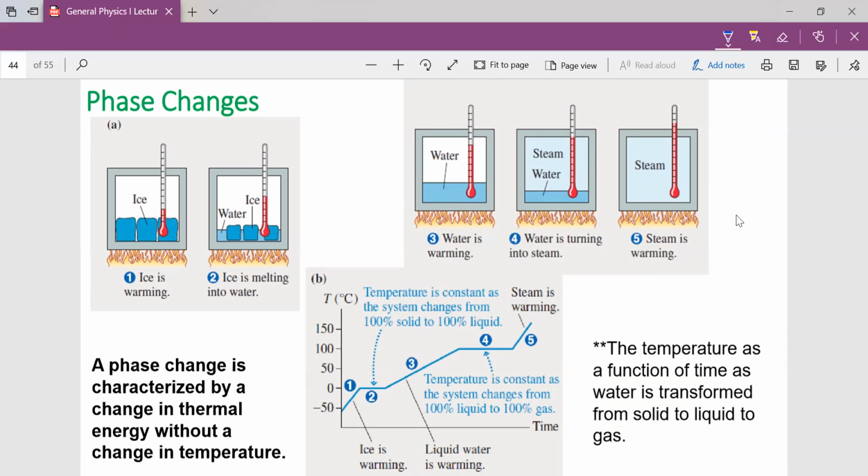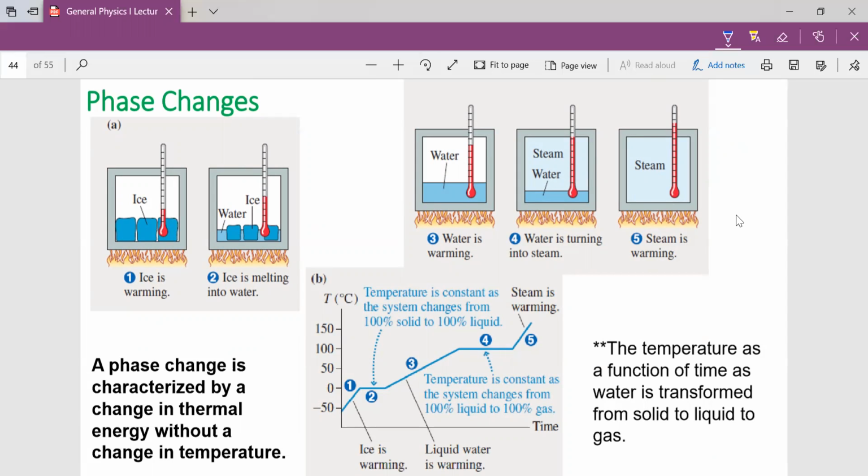The phase change talks about the change of matter from a particular phase, either liquid, solid, or gas. That change of matter from solid to liquid, or solid to gas, or liquid to solid is what we refer to as phase change. Okay? But the phenomenon of phase change is what we now want to look at in a bit more detail.